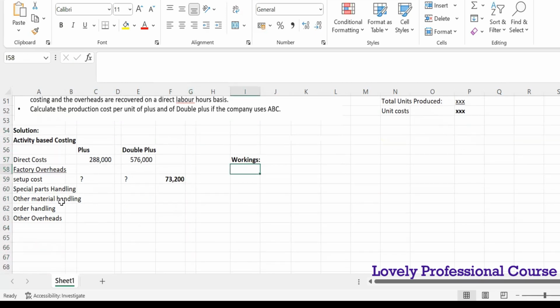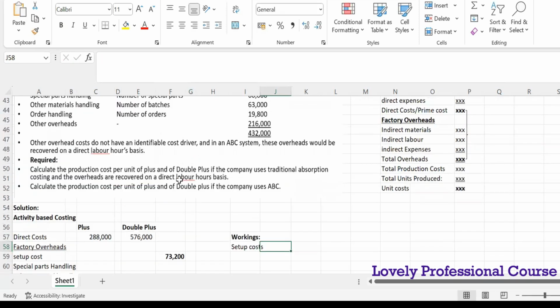So in workings, I'm first going to allocate setup cost, to determine the cost to be allocated to plus and double plus. So I have here setup costs.